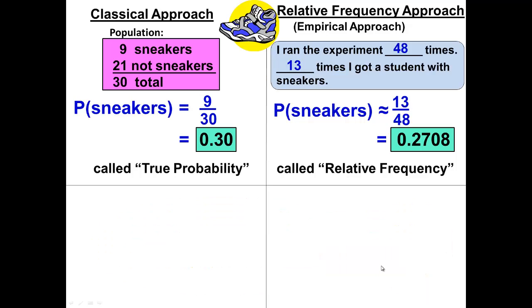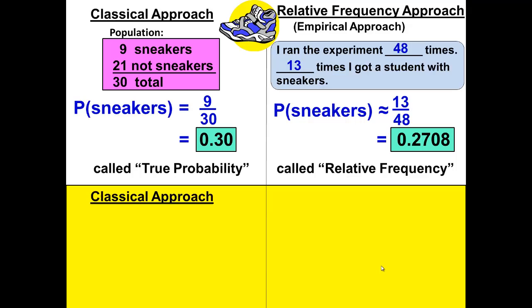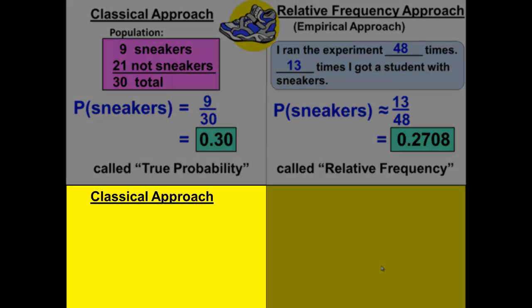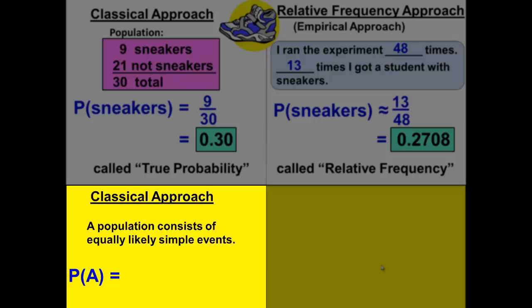Before we move on and as we conclude part 1, here are some formal definitions of the two approaches. In the classical approach, a population must consist of equally likely simple events. Then the probability of A is the total number of ways A occurs divided by the total number of outcomes. Let me say that again.